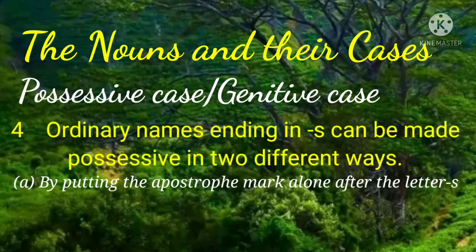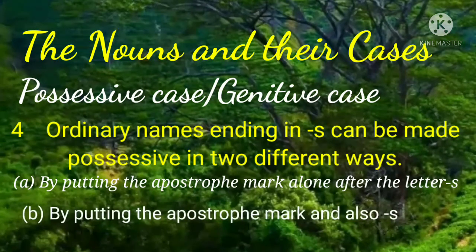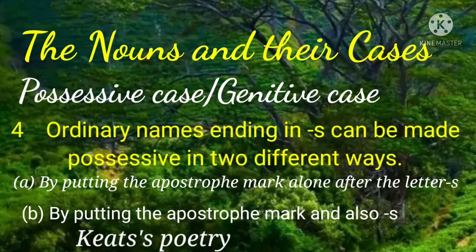One, by putting the apostrophe mark alone after the letter S. The other, putting the apostrophe mark and also S. For example, when you write Keats's poetry, you can write it in two different ways.